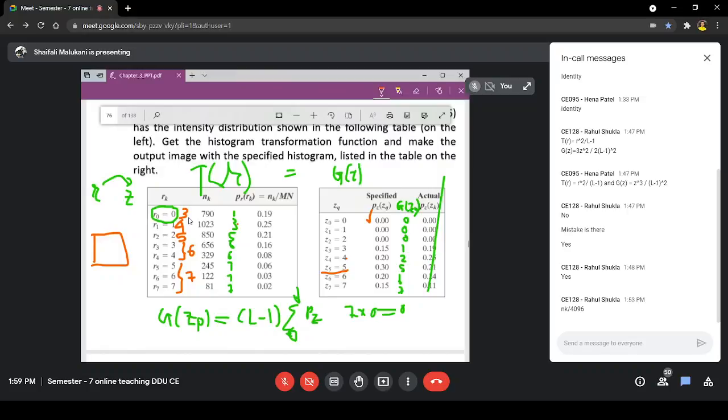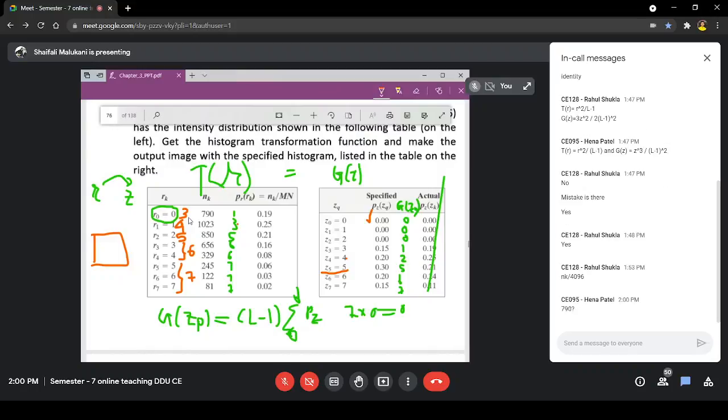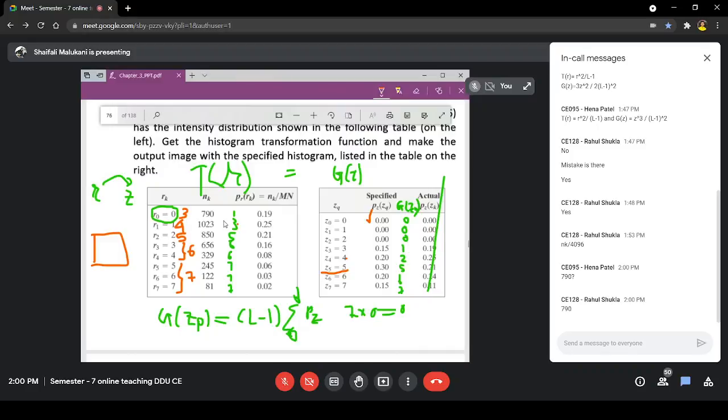Yes, there are 790 pixels having value 3 now.